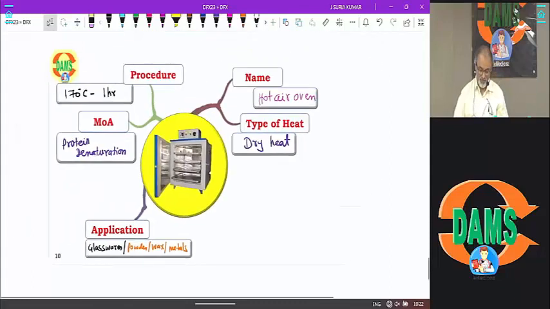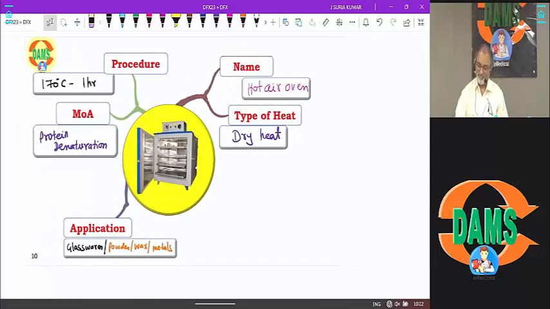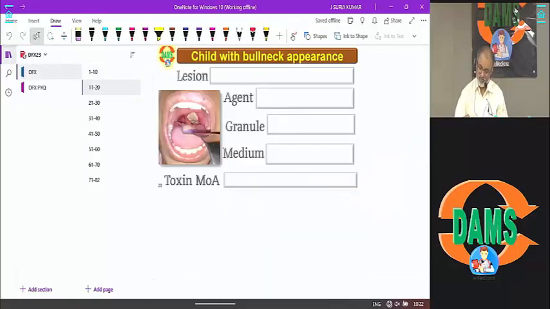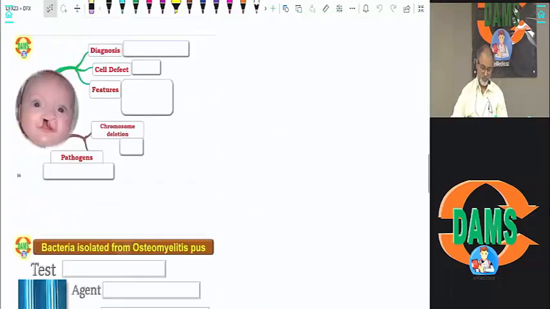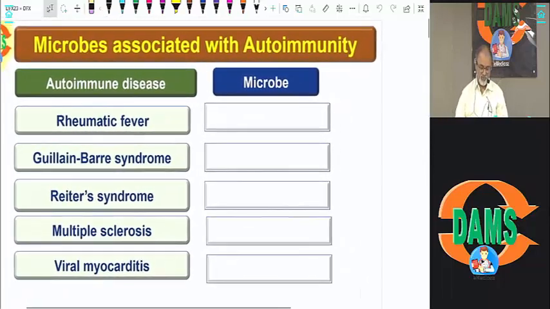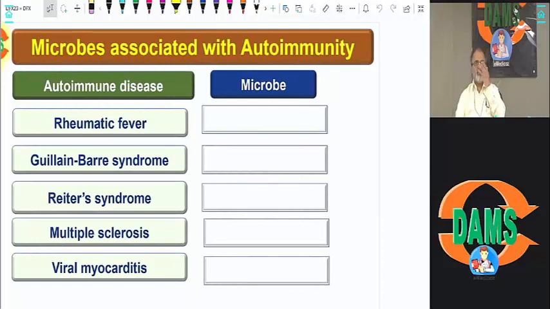Yes. So we completed 10. See carefully here. This is important. Some bacteria or bacterial products mimic our own tissues, so antibody produced against that bacteria attacks our own cells.